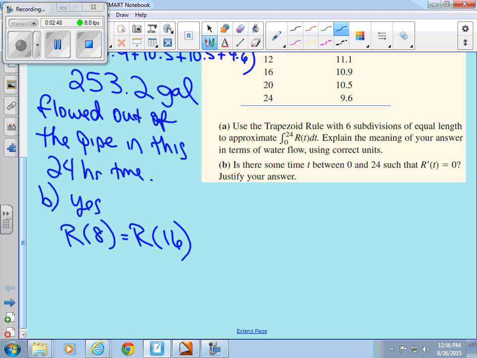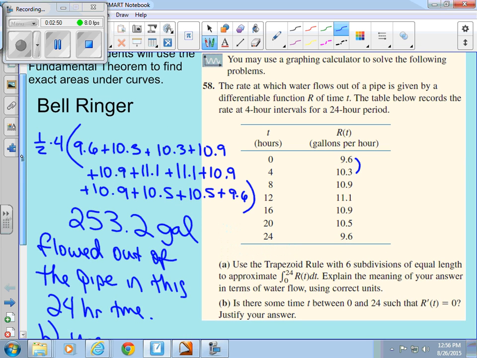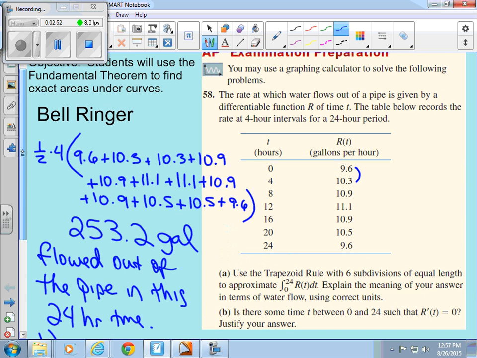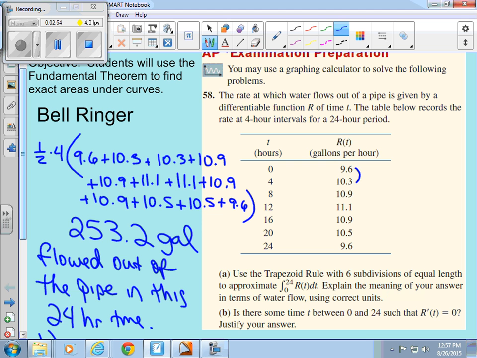They have the same y value. What do I need to state for Rolle's theorem? That part. And use Rolle's theorem. What has to happen?